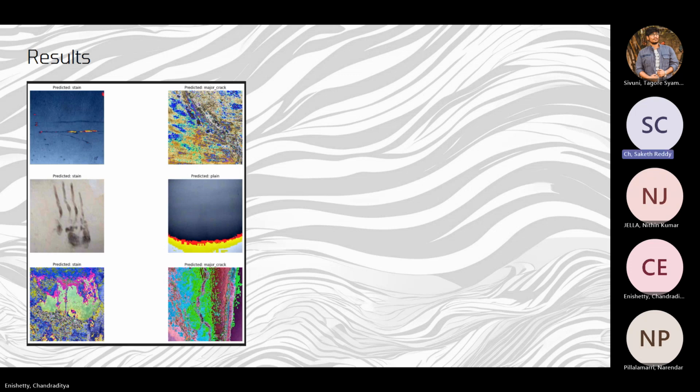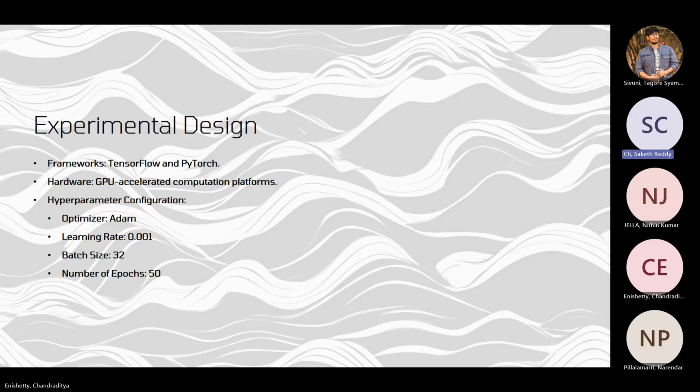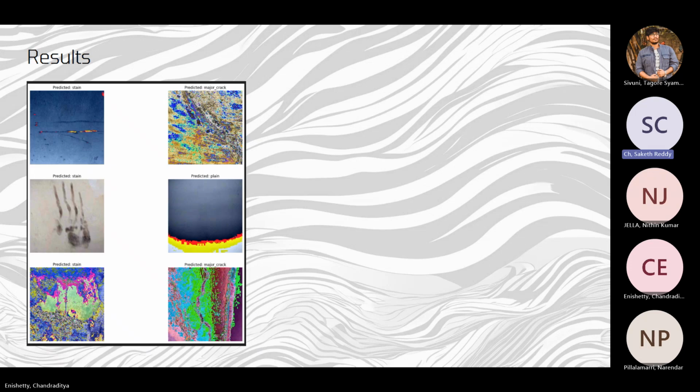Now here we can see the results. The vision transformer outperformed both CNN models, confirming its powerful ability to model both local and global features for structural defect classification. Now my friend will continue.